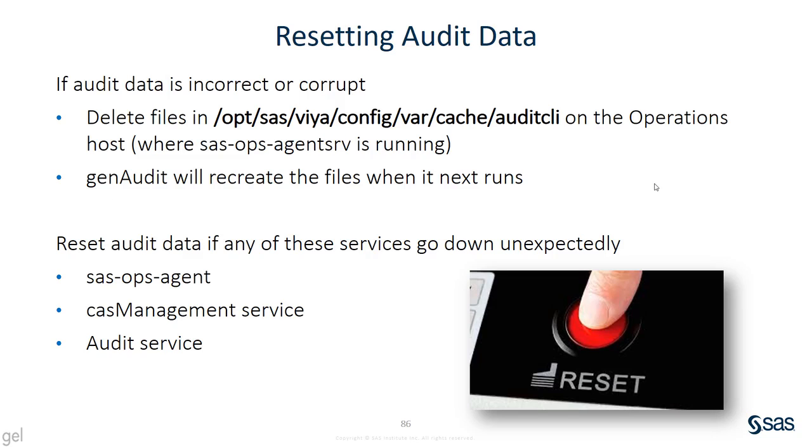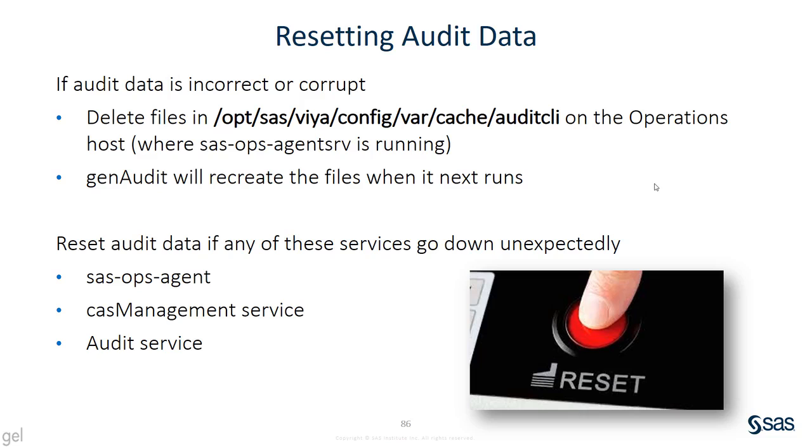What happens when something goes wrong? Occasionally, not very often, we do have instances where the auditing is not refreshed. So I have an audit table in memory, but I'm not seeing the new records added in. They've made it very easy to reset the auditing by simply deleting a directory, or the contents of a directory, I should say. Don't delete the directory.